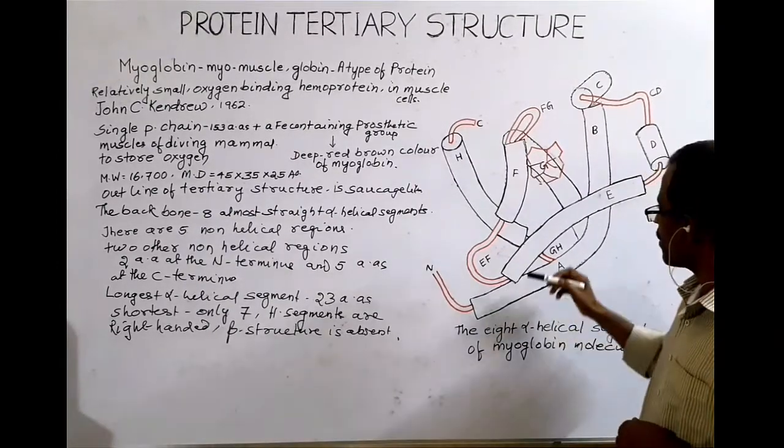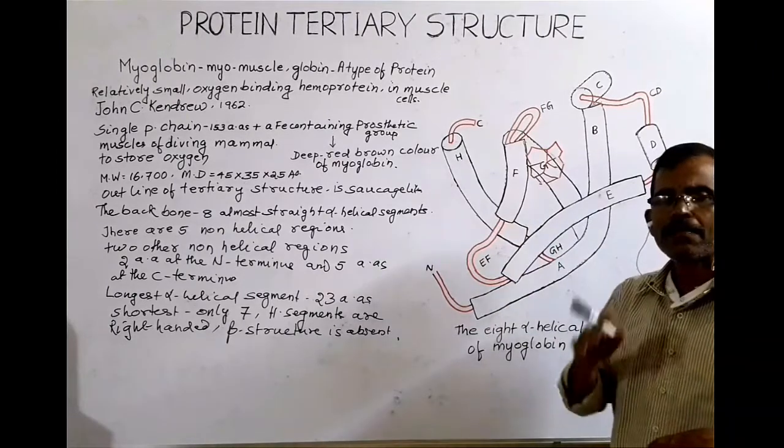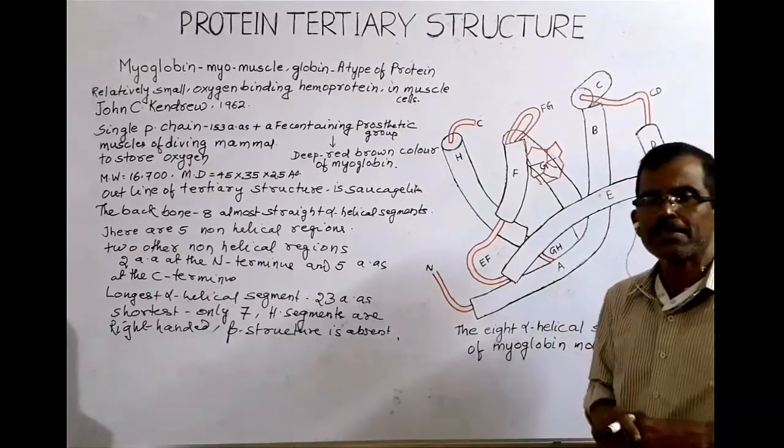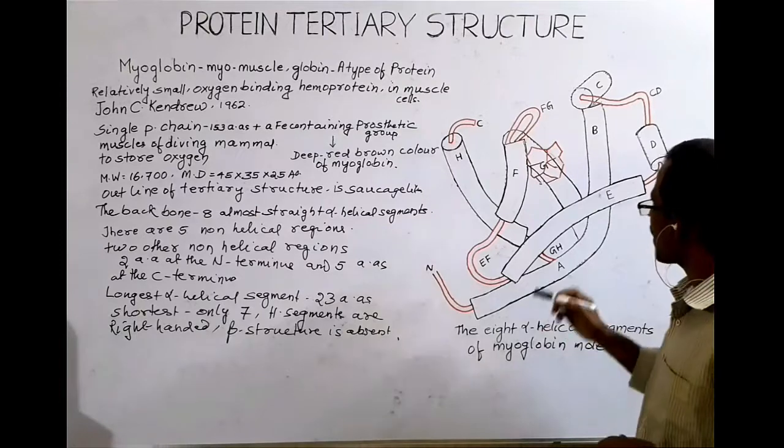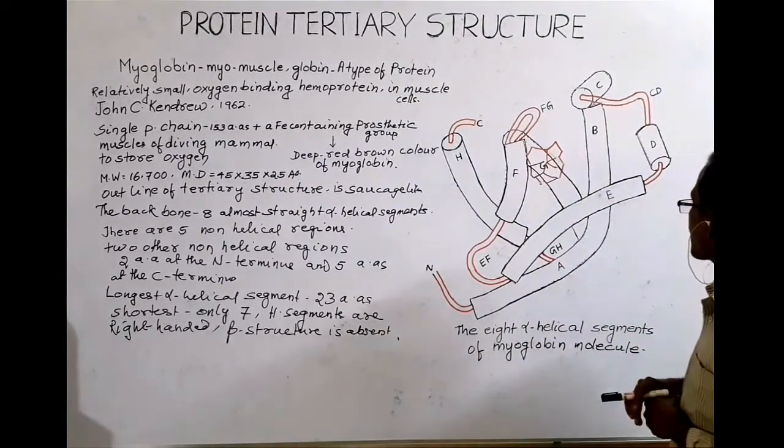In addition to 8 alpha helical segments, there are 5 non-helical regions. The non-helical regions are present between alpha helical segments.